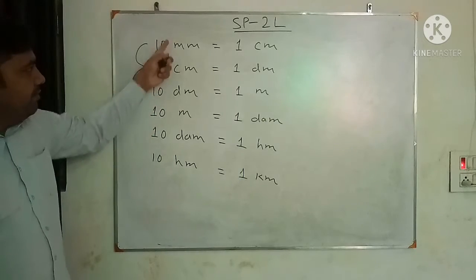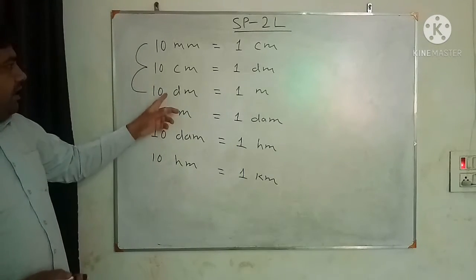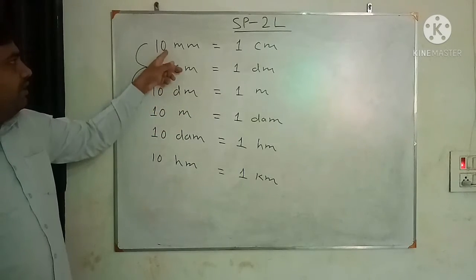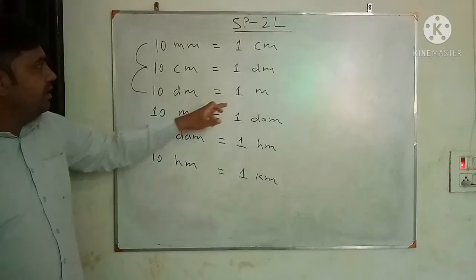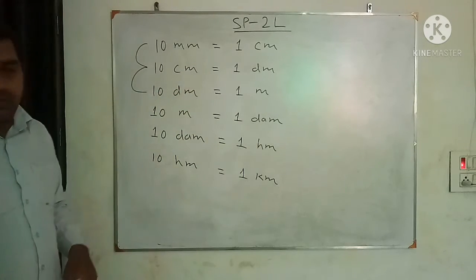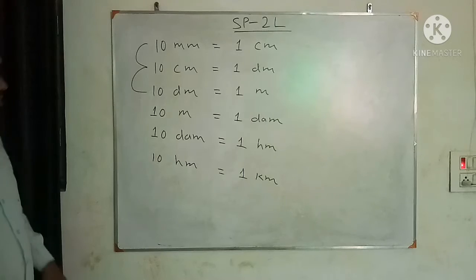So 1000 millimeter equals 1 meter. From millimeter to meter, how many steps do you move? 1, 2, 3. 3 jumps you have to make.